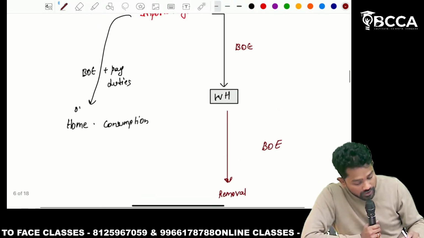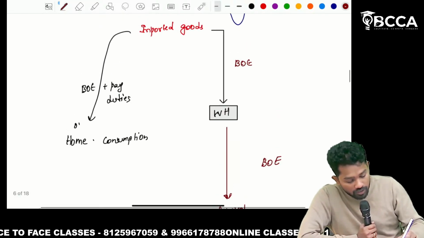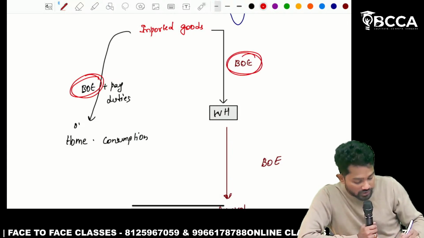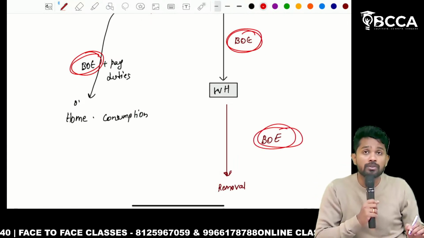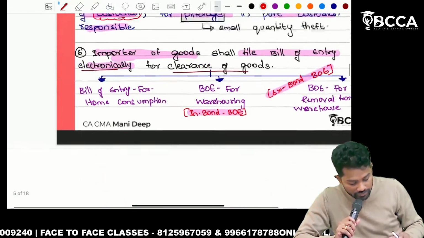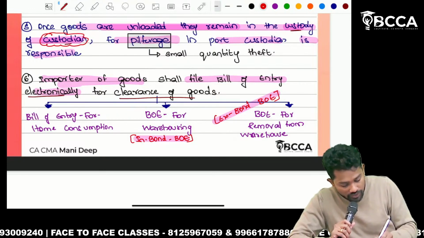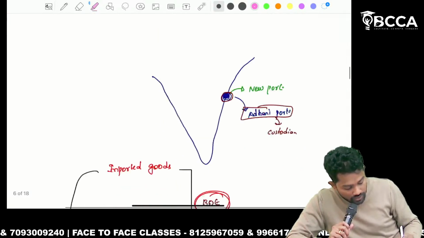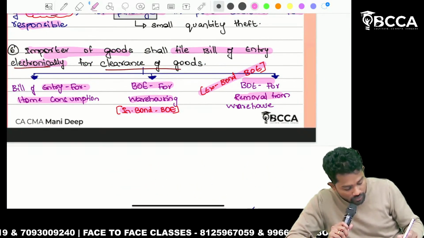So if you see here, there are 3 bills of entry. One bill of entry is for direct home consumption. The second one is for warehousing. And the third one is for removing from the warehouse. So in total there are 3 different kinds of bills of entry: bill of entry for home consumption, bill of entry for warehousing, and bill of entry for removal from warehouse.